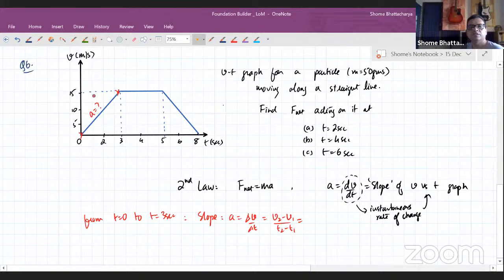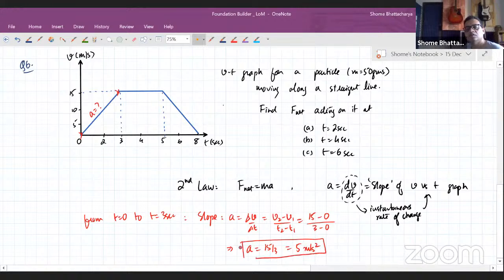So this point has v2 equal to 15 meters per second. This point has v1 equal to 0. Divided by here the time is 3 seconds. Here the time is 0. So the acceleration is equal to 15 by 3 or 5 meters per second square. So that is the acceleration. So for any instant between this and this, the acceleration is like this.